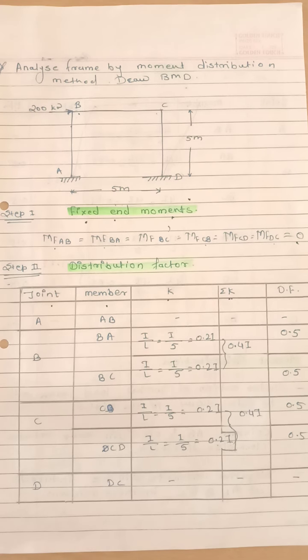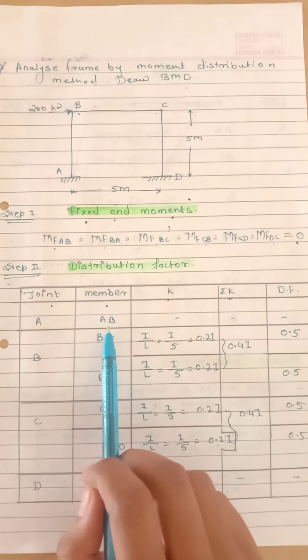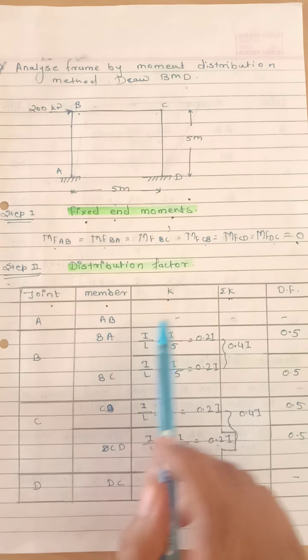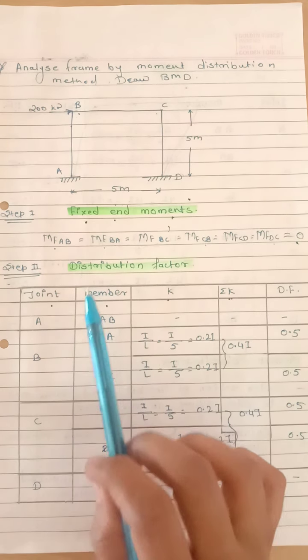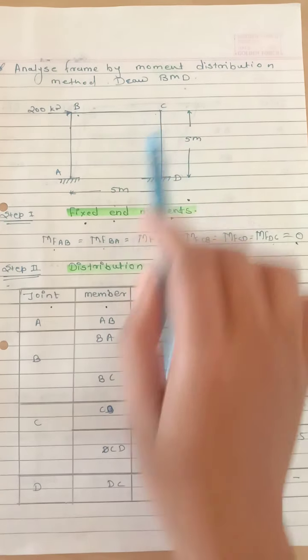There are 4 joints: A, B, C and D. But for finding the distribution factor, we take the intermediate joints of the frame. At joint A, member AB acts. Then at joint B, 2 members act, BA and BC.